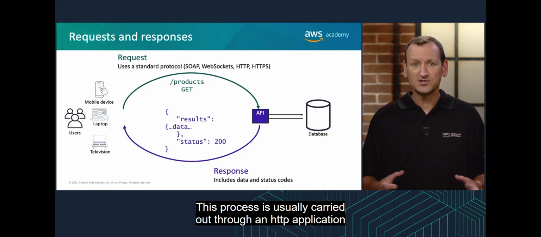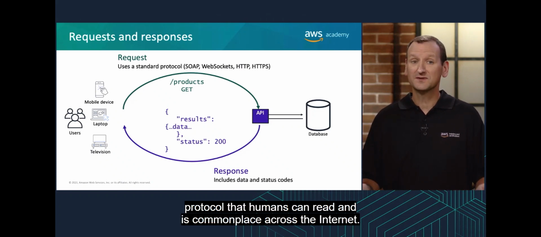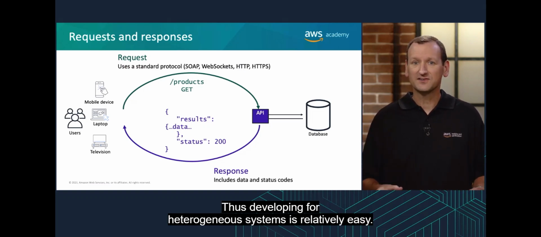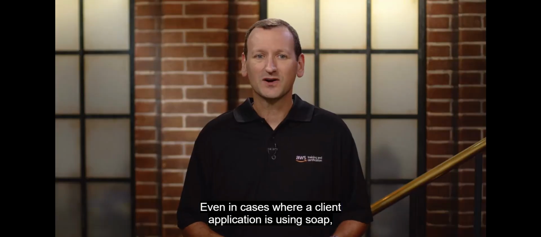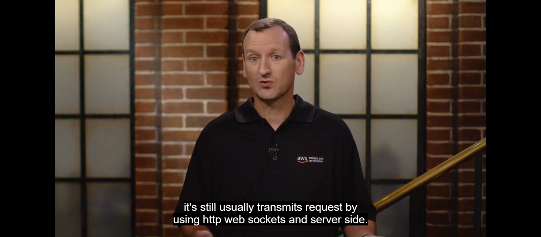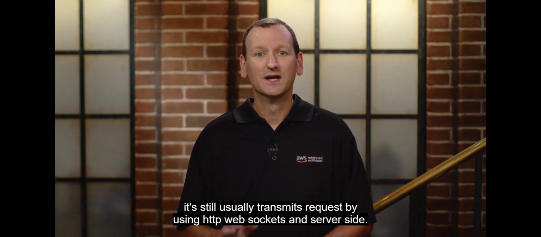This process is usually carried out through an HTTP application protocol that humans can read and is commonplace across the internet. Thus, developing for heterogeneous systems is relatively easy. Even in cases where a client application is using SOAP, it still usually transmits requests by using HTTP.